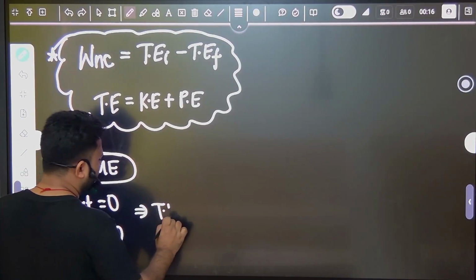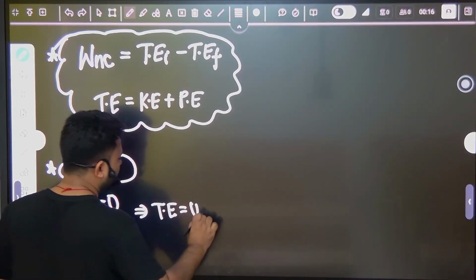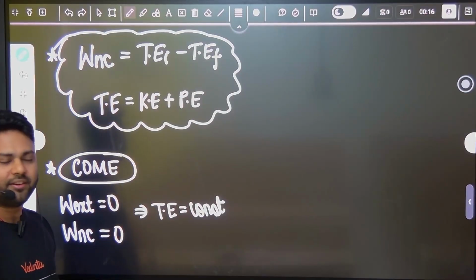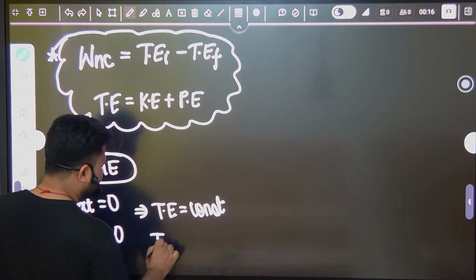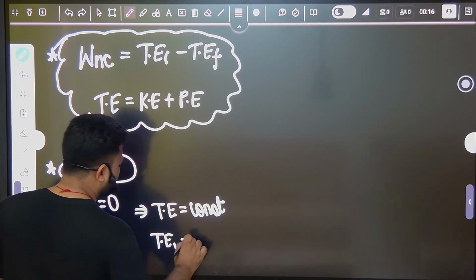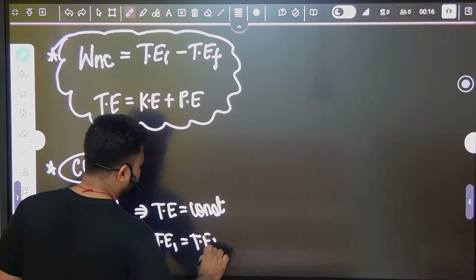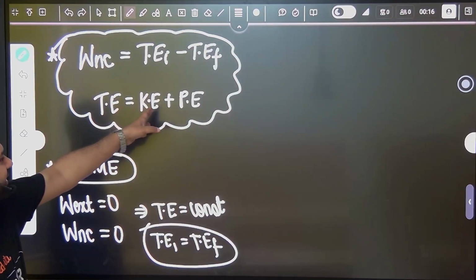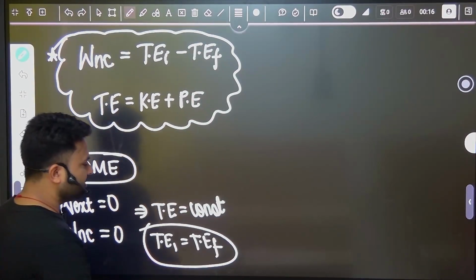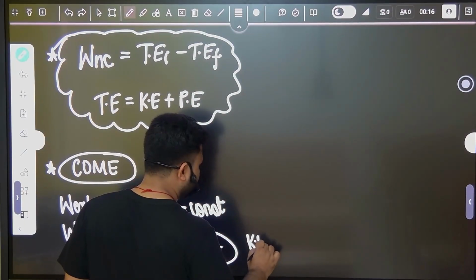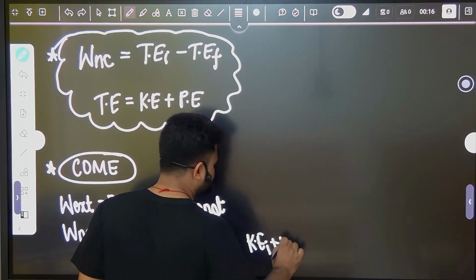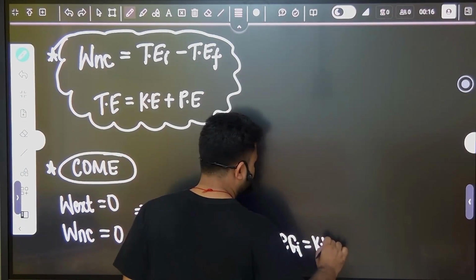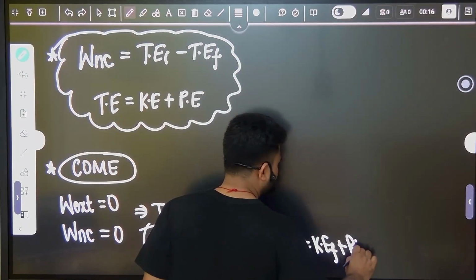Total energy is always constant. Total energy is conserved. Conservation of mechanical energy means total energy initial equals total energy final. And I have already told what is total energy? Kinetic energy plus potential energy. Means kinetic energy initial plus potential energy initial equals kinetic energy final plus potential energy final.